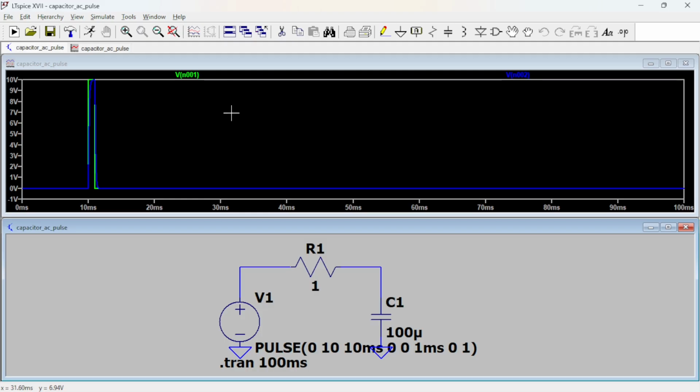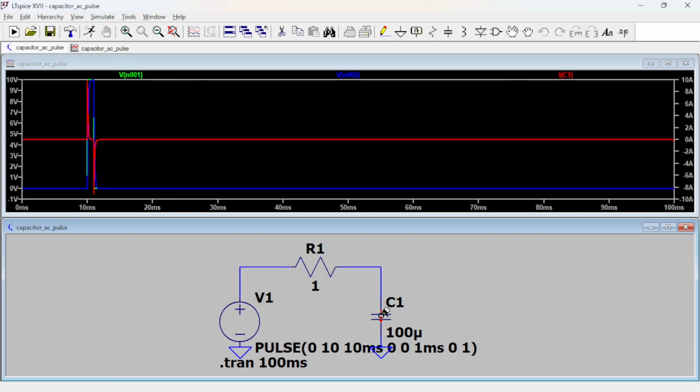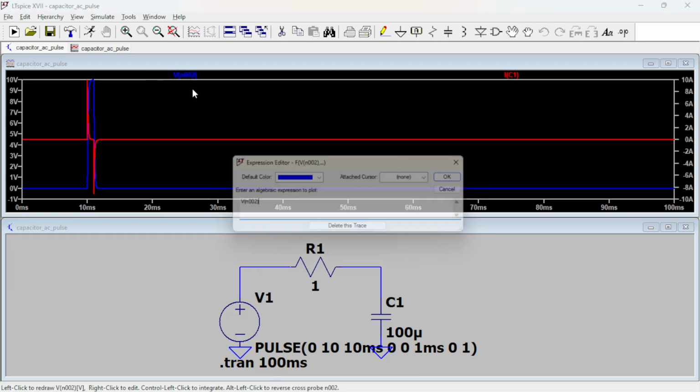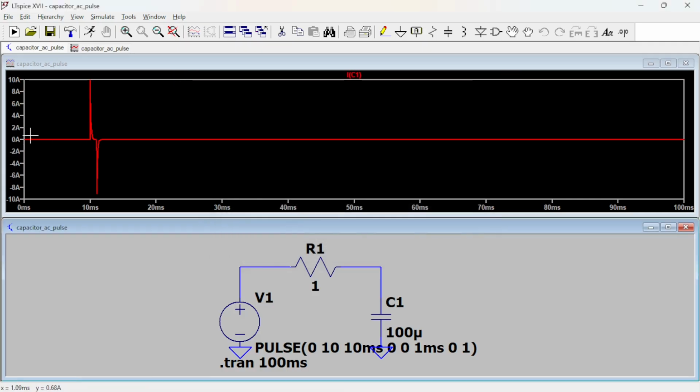But what's important to look at is the current through the capacitor. So let's look at that. This is pretty cool. Let me get rid of the voltage traces, which are distracting.